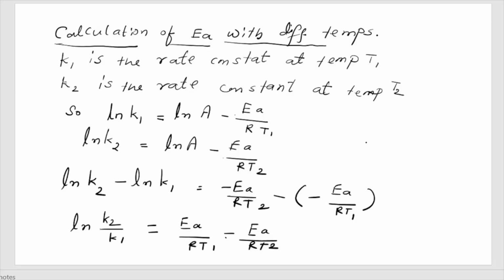You get ln K2 by K1 equal to EA by RT1 minus EA by RT2. So there are two different temperatures, and for T1 the rate constant is K1, for T2 it is K2.